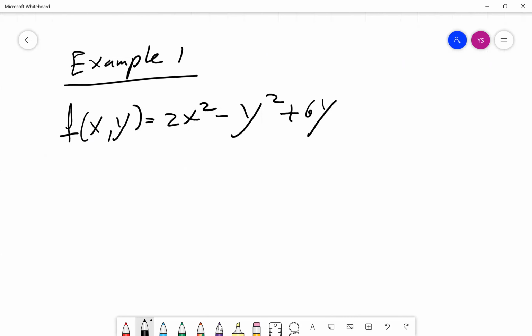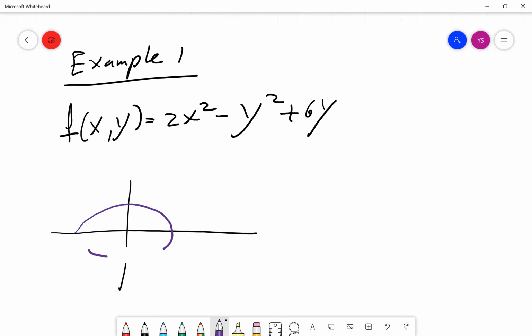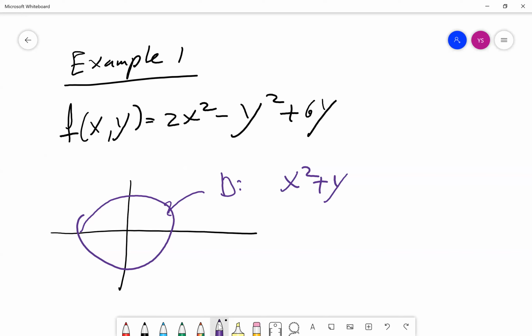And we are on a disk. So here's our domain, and it's the domain x squared plus y squared is less than or equal to 16.